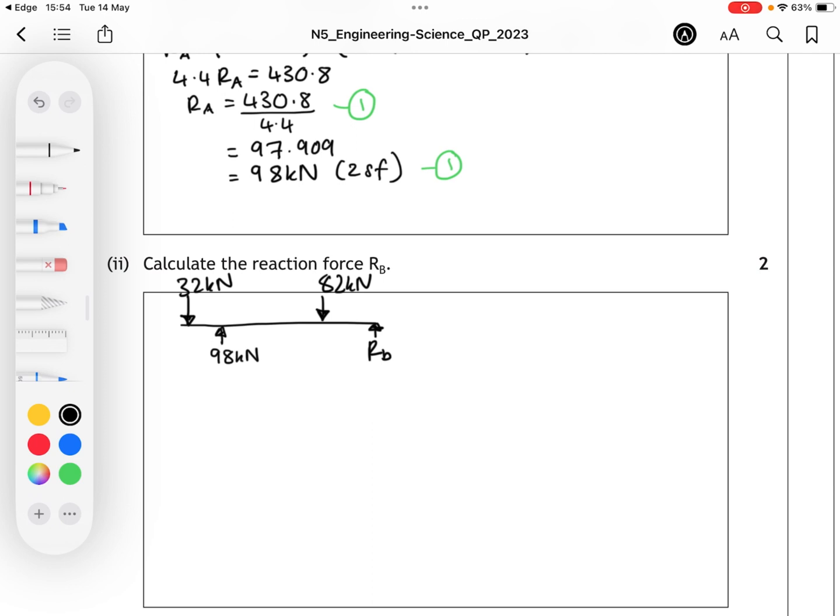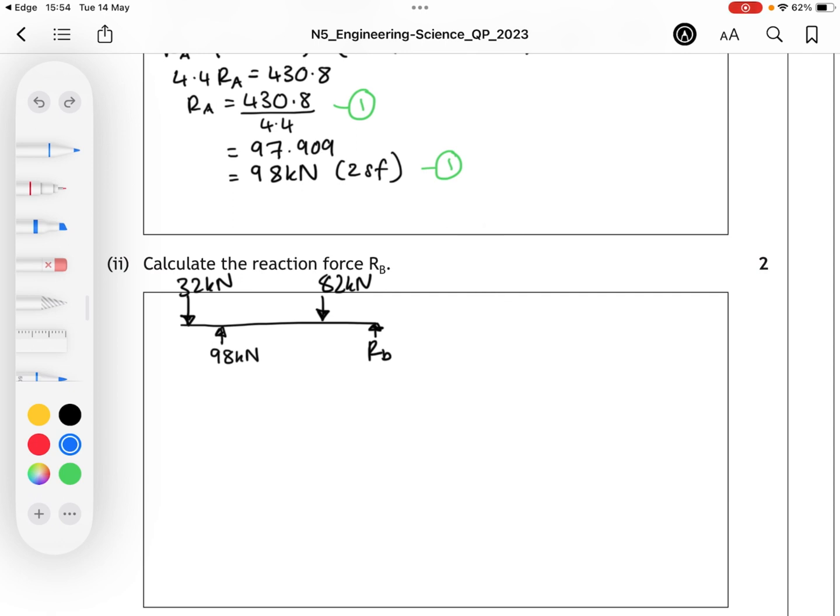Now, you can go ahead and take moments around any of these points, because we know all those distances. So if you wanted to, you could take moments around here, or here, or here. And that's absolutely fine if you're confident doing that.